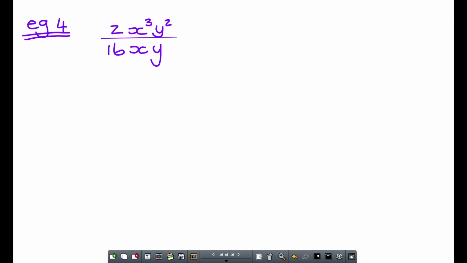Now, we could have one going over another whether it's in brackets or without brackets as well. Whenever you see divide, because that's actually what this little line means.